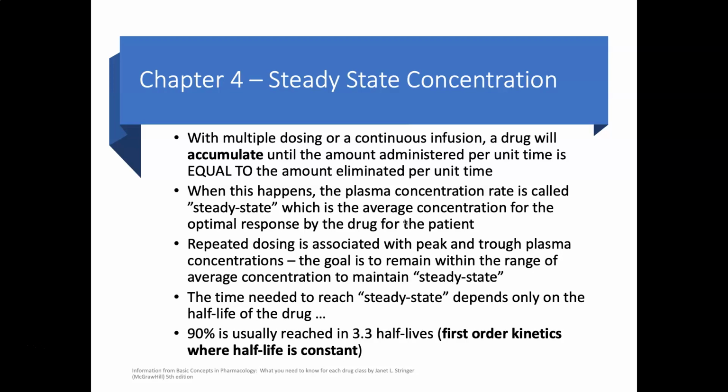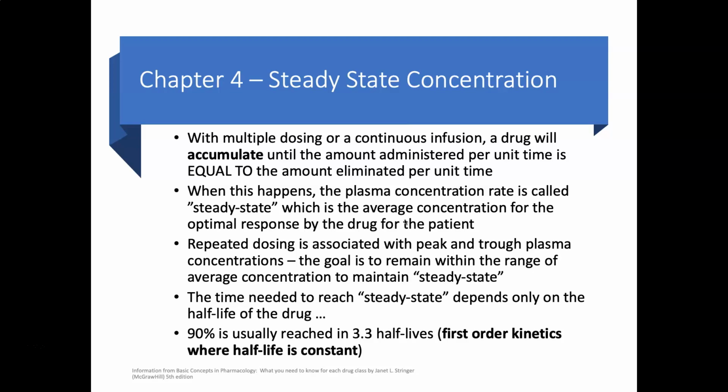When this happens, the plasma concentration rate is called steady state. And this is the average concentration for optimal response by the drug for the patient. You do repeated dosing, and in your book on page 21, it shows you this under figure 4.6.